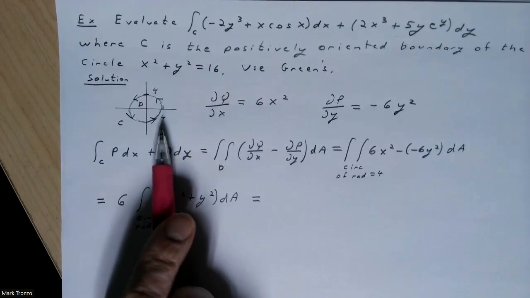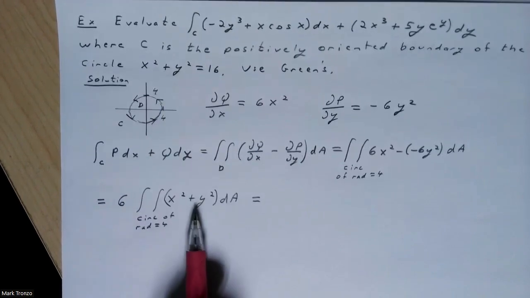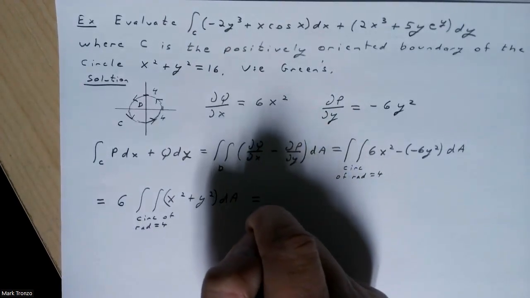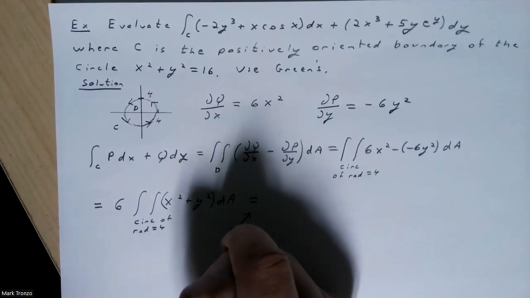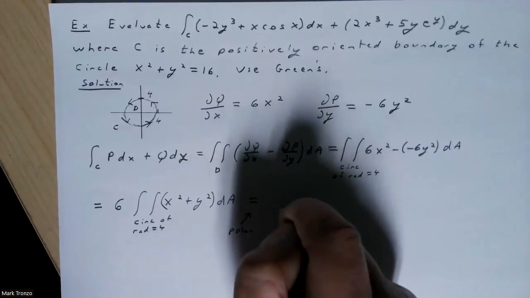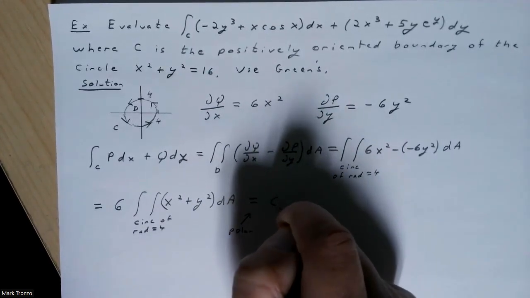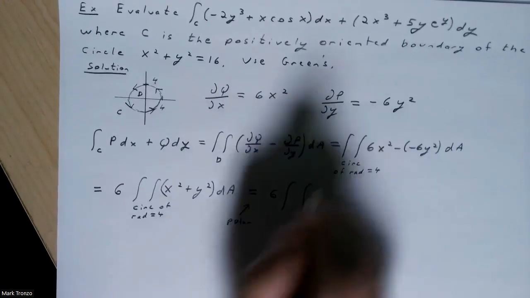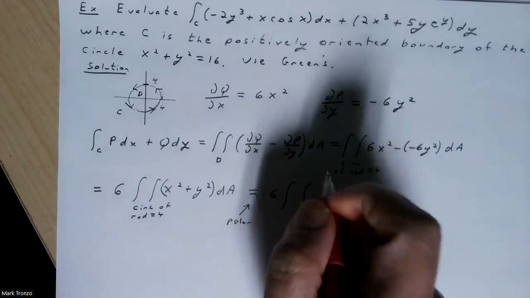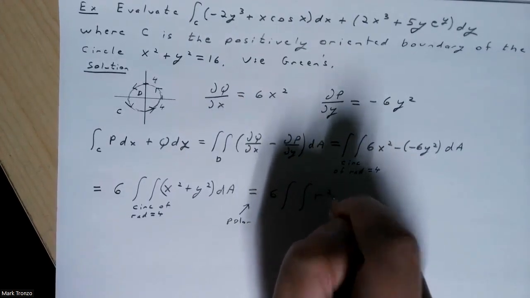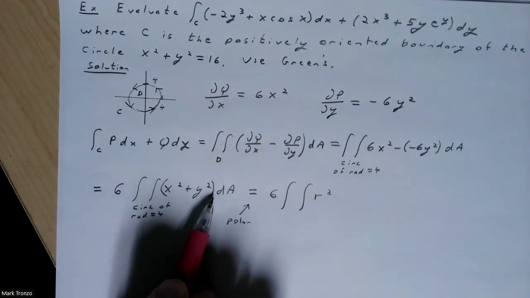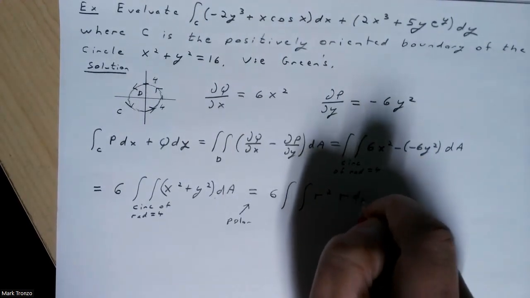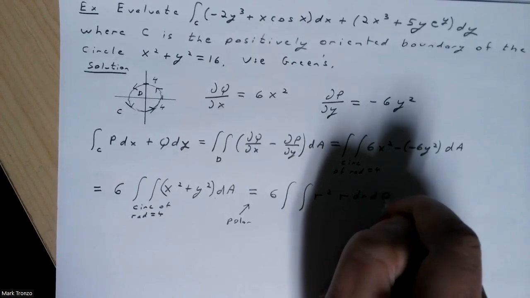coordinates because we're integrating over a circle and we have this x squared plus y squared. So let's change to polar. Just put a note here. And have our 6 in front. And then remember, for polar, x squared plus y squared is r squared. And always remember the Jacobian. When you change to polar, be sure to put your r and then dr d theta.